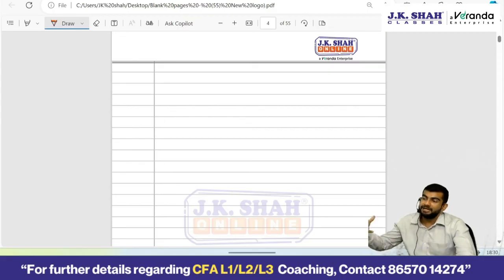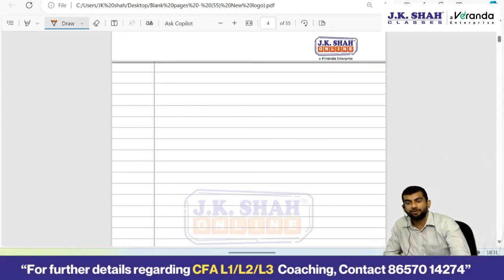A group of multiple indicators is called what? Composite. So it could be a composite leading indicator, composite lagging indicator, composite coincident indicator. Okay, fine.